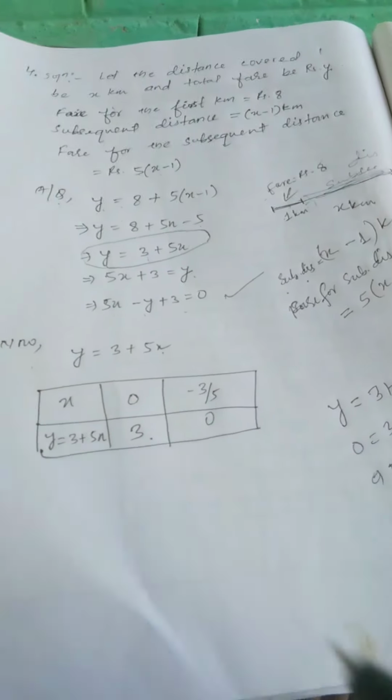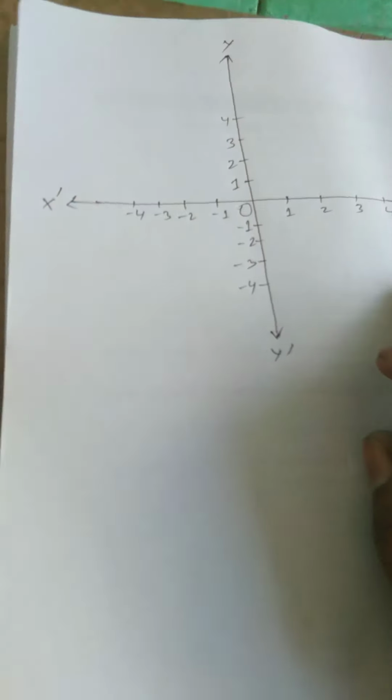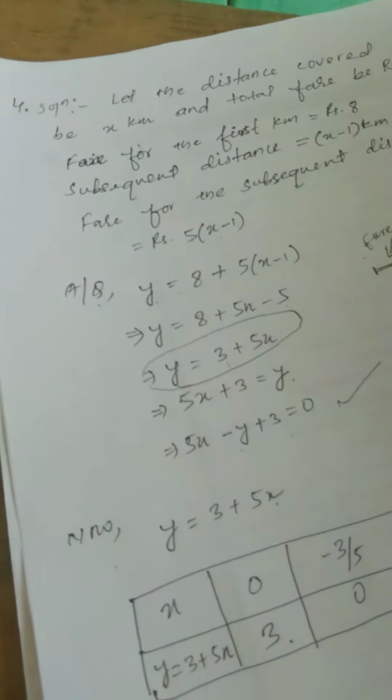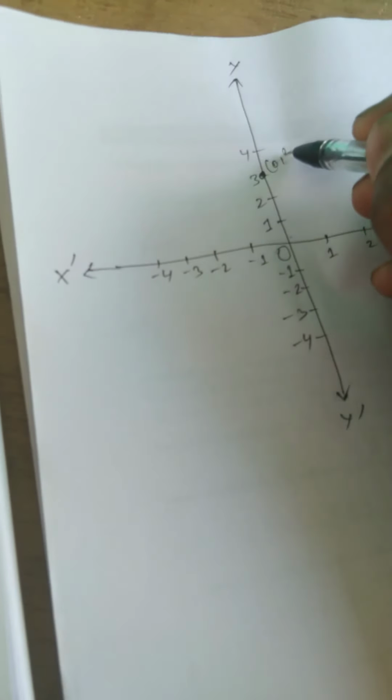So let us plot it on a graph. First, x is 0 and y is 3, so the point is (0, 3).